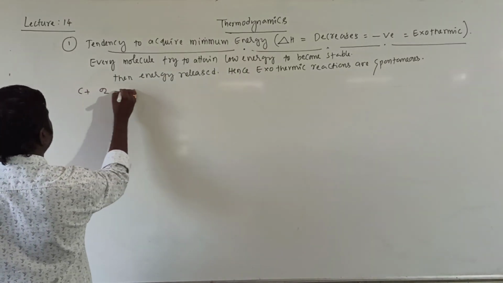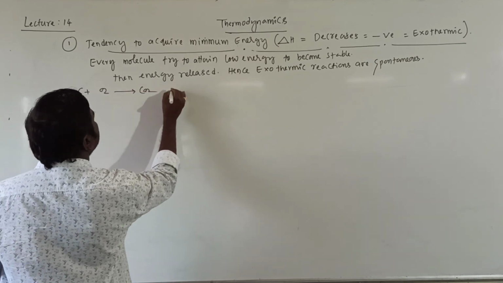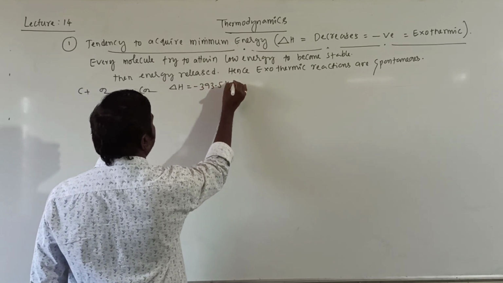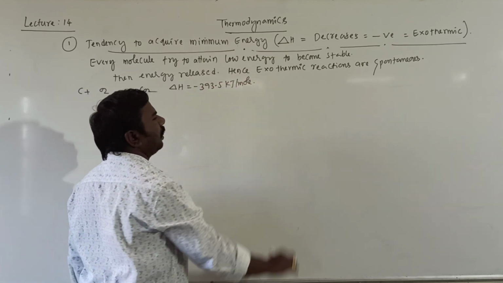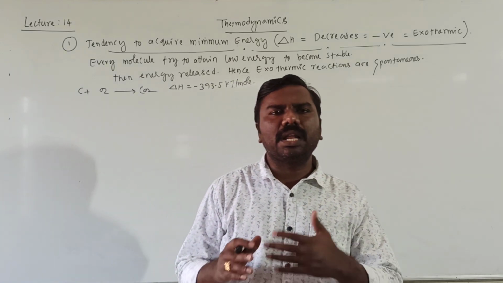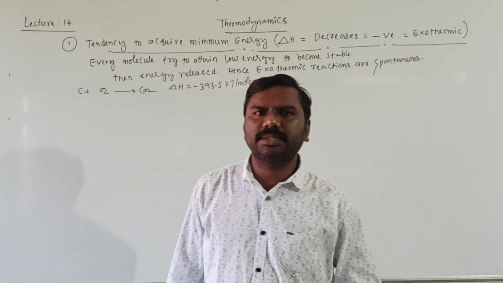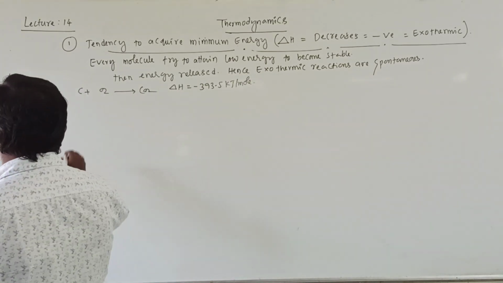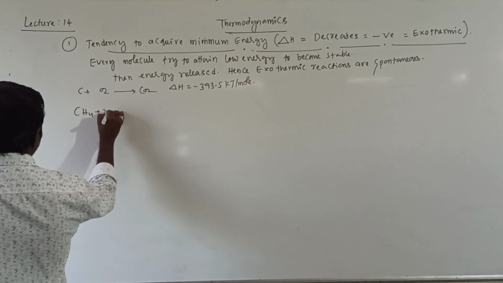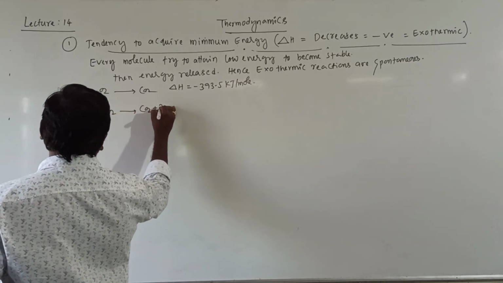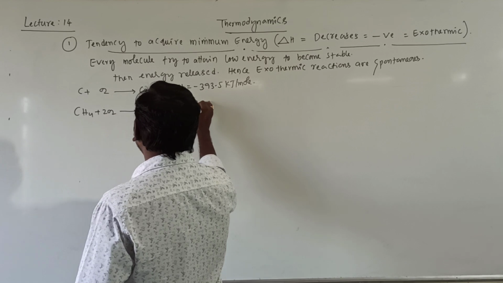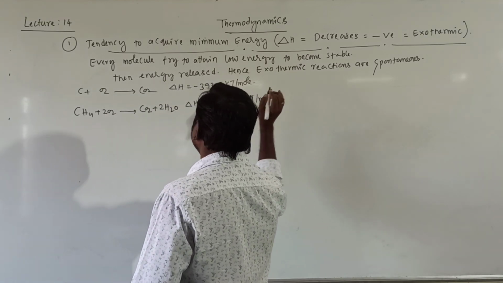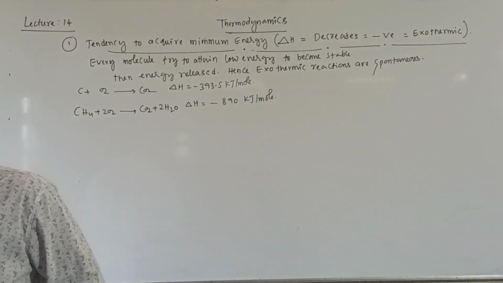C plus O2 gives rise to CO2, delta H equal to minus 393.5 kilojoules per mole. On its own it will happen, but energy released is more. That is exothermic reaction, minus delta H. Next, CH4 plus 2O2 gives rise to CO2 plus 2H2O, delta H equal to minus 890 kilojoule per mole, exothermic reaction.